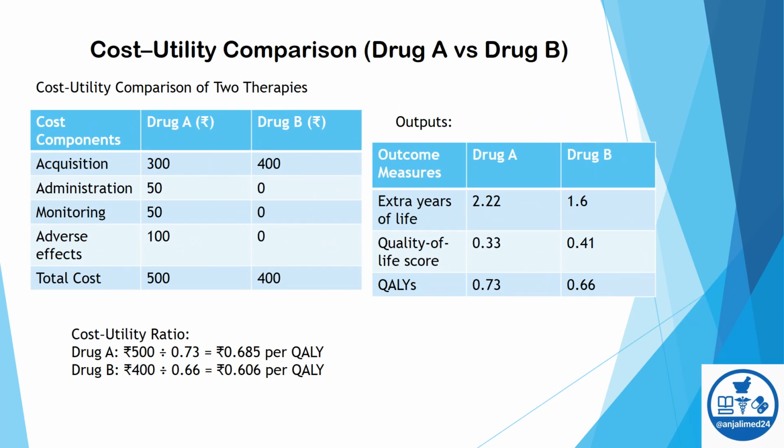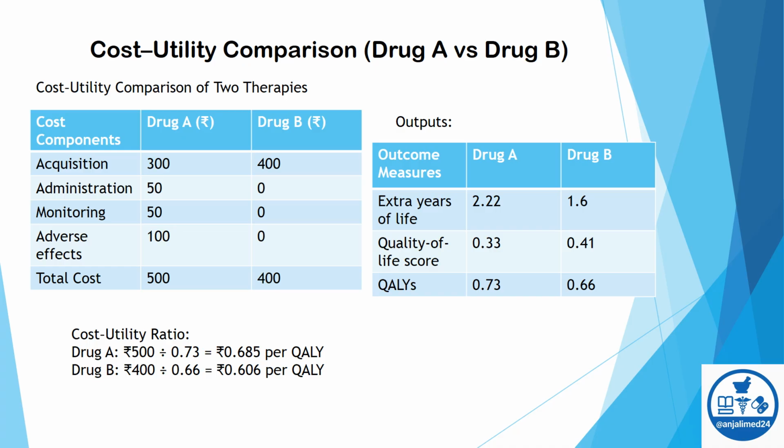Cost-utility comparison. This slide compares two medicines, drug A and drug B, using cost-utility analysis. We start by adding up all cost components, the price of acquiring the drug, administration charges, monitoring expenses, and any costs linked with adverse effects. Drug A totals 500 rupees, while drug B costs 400.